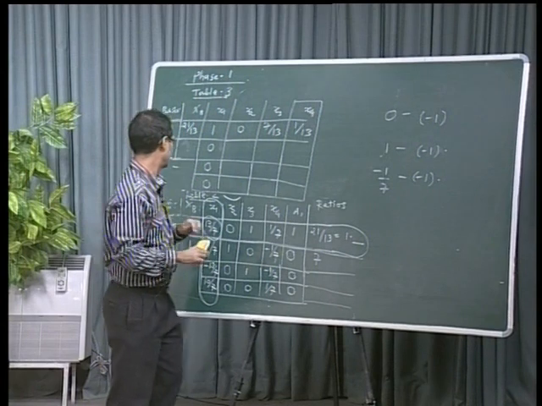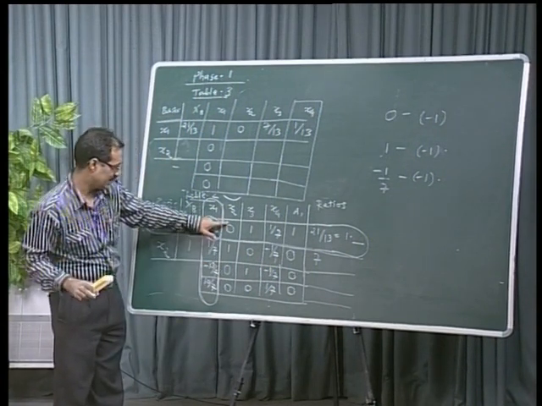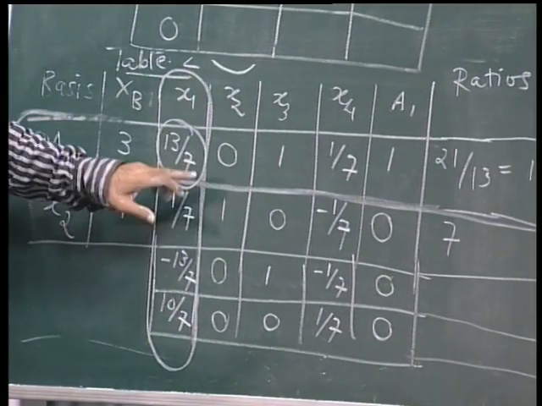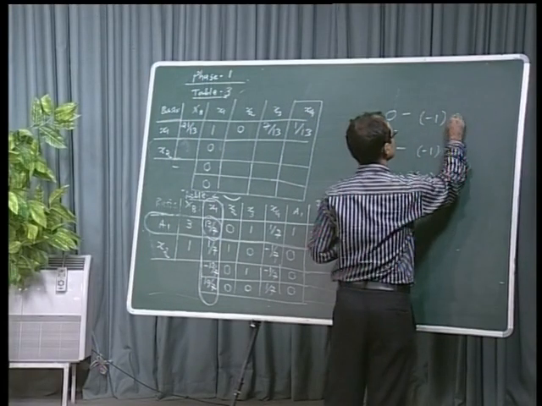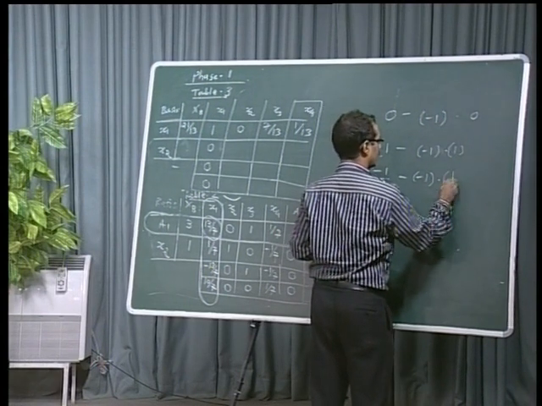What are the corresponding elements? With this 0, the corresponding element is 0. You must be knowing corresponding elements come from the selected row. So, corresponding elements are 0, 1 and 1 by 7.